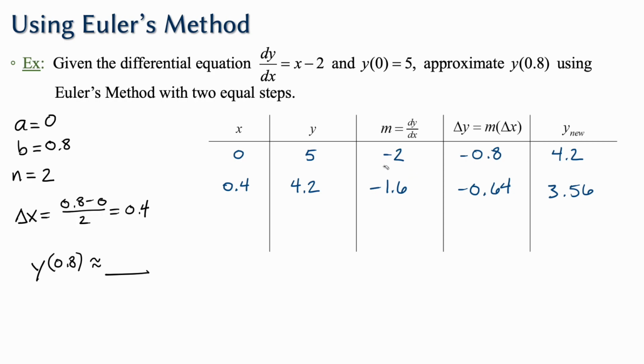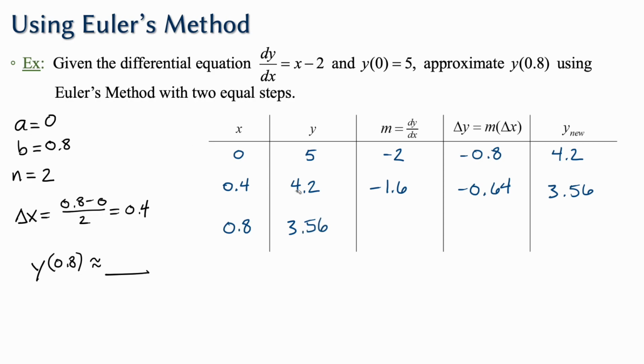So that should be something that as you're looking should make sense to you. So that, of course, means that this is my new updated y. So when I look at the point I'm at now, my x now is going to be 0.8, because the change in x is just increasing 0.4. My new y that I just got was 3.56.